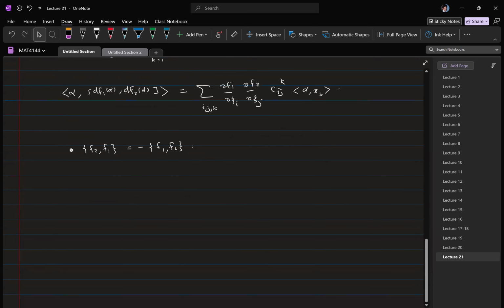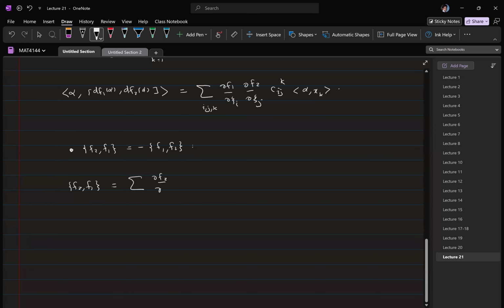So if I do f2 f1, I just get a similar summation. It's just that the role of i and j is changed. I can just switch the role of indices i, j, and k because it's totally symmetric.